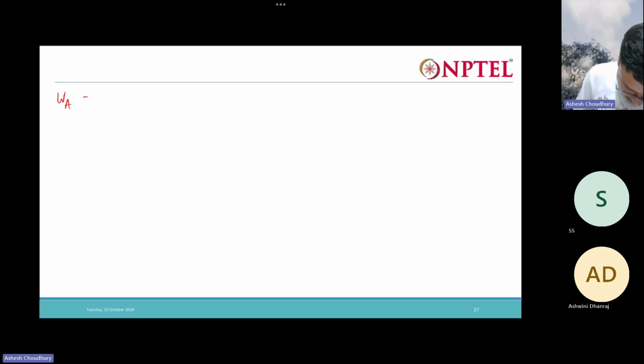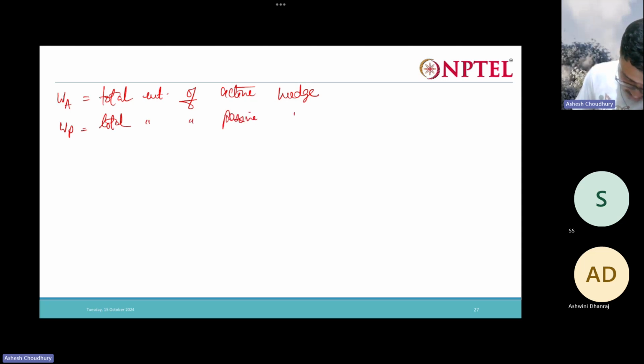It is WA, the active wedge. WP is total weight of the passive wedge.